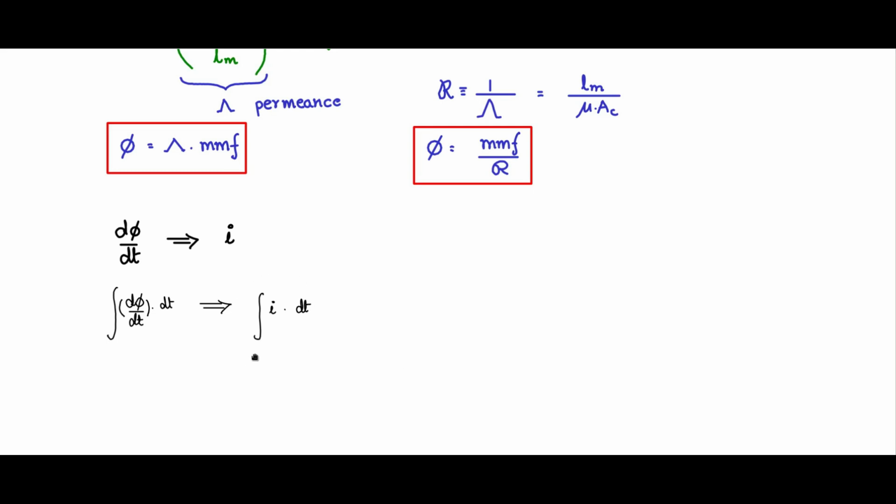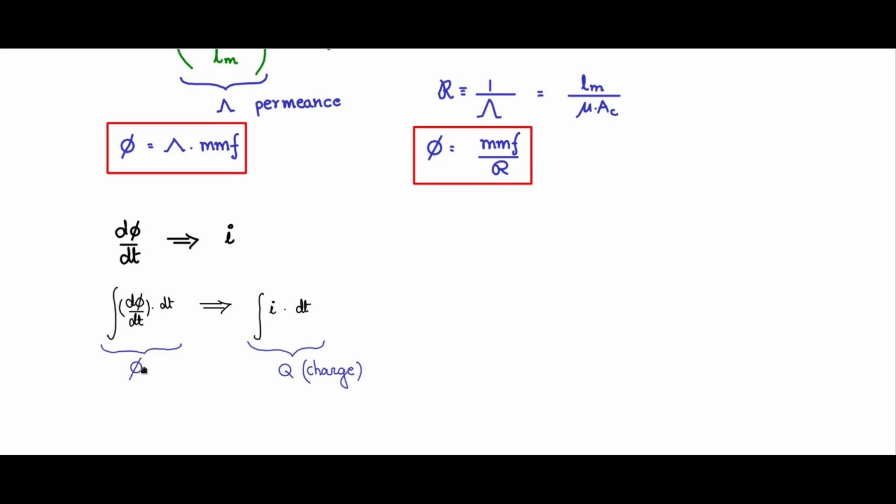We know integral of I dt is nothing but charge, ampere second. So this term is charge q. And d phi by dt integrated with respect to t is nothing but integral of d phi, which is phi, the flux.